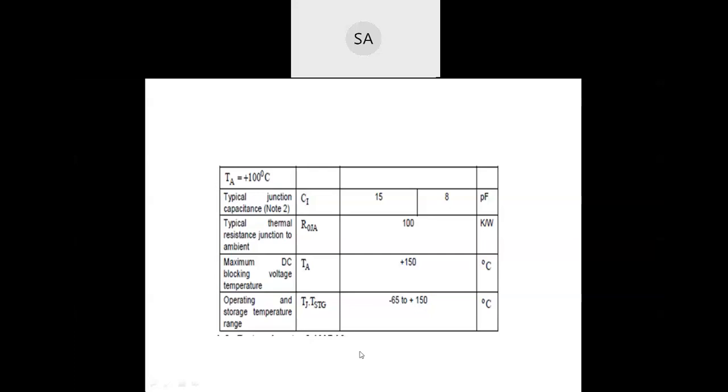If not specified, we can consider it as 25 degrees centigrade.